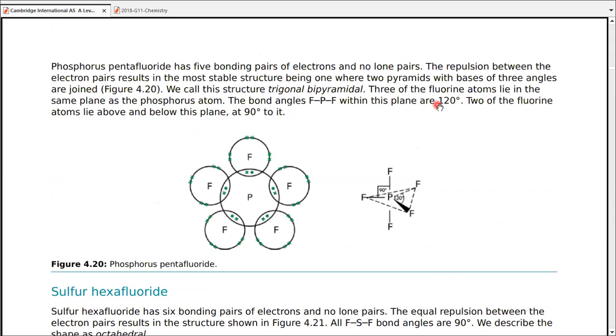And every time when we talk about VSEPR theory, what you need to put into it is what kind of shape it can have, what are the angles for it, and why those angles or those shapes are justified by the repulsive forces between the electron pairs on the central atom, be those pairs are bond pairs or lone pairs or whatever. Make sense? Yes, sir. If this makes complete sense, let me tell you, we are done with VSEPR theory. That's about it.